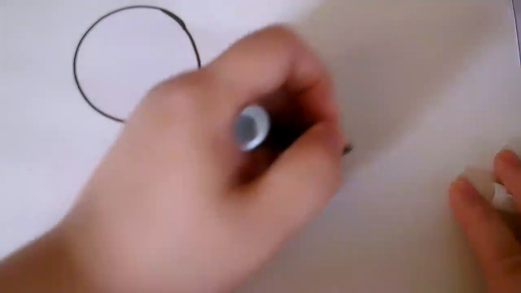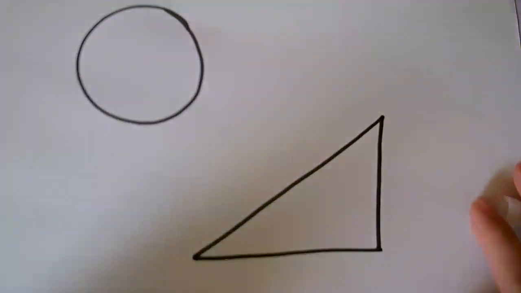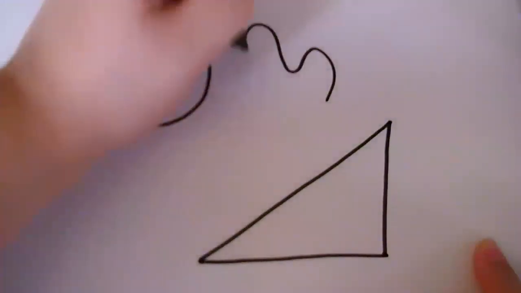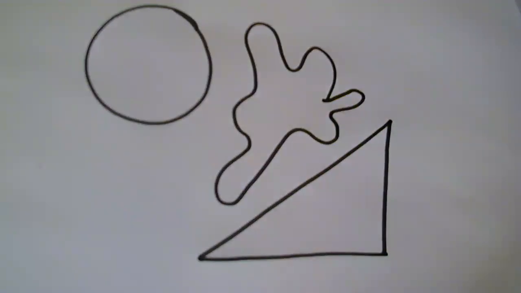I'm going to do a circle. All right. And I'm going to do a triangle. And I'm going to do an organic shape. Okay, so none of these things are representational, they're just shapes.